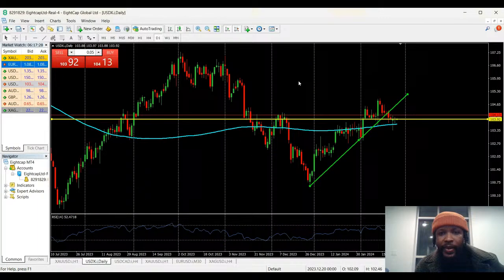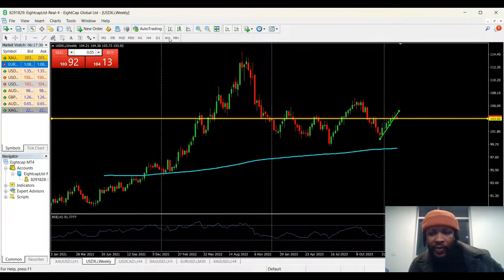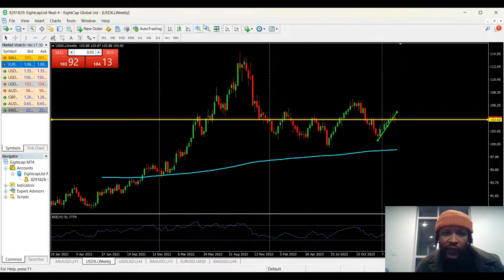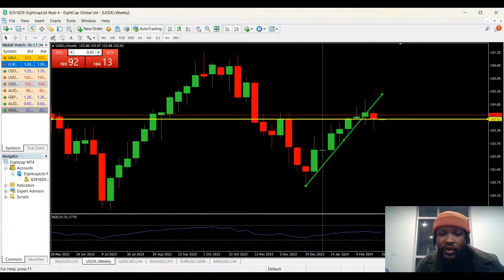So, as you guys may know, before I trade gold, EU, UC, and UJ, that means all these pairs got one thing in common, which is the US dollar, right?